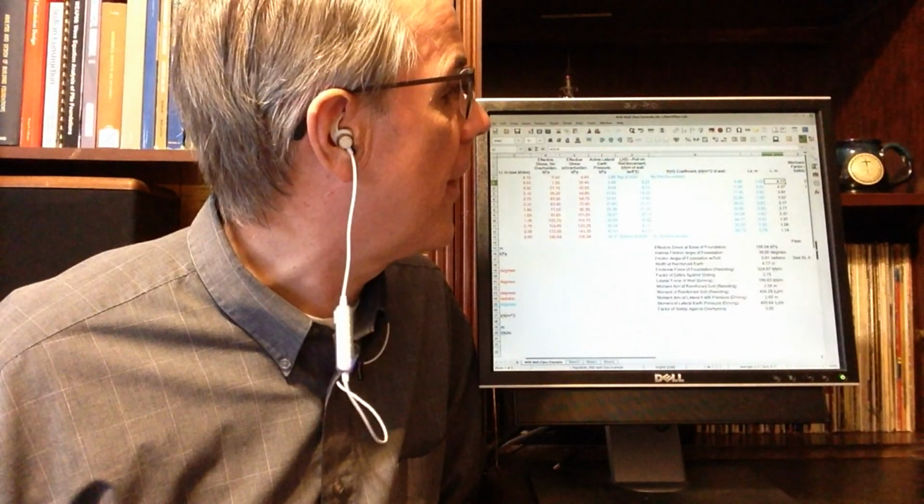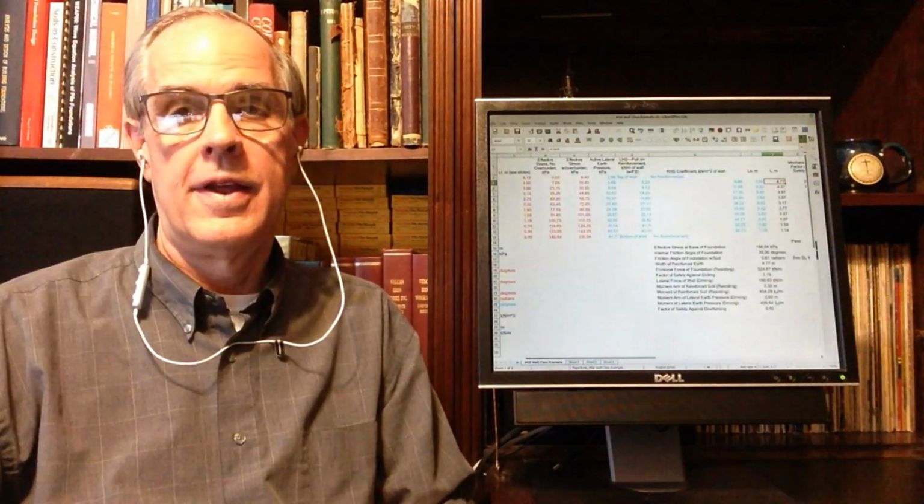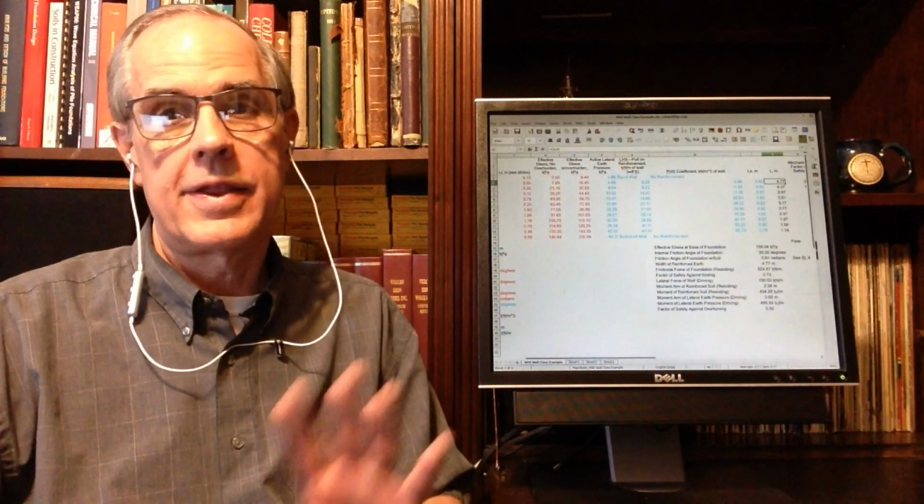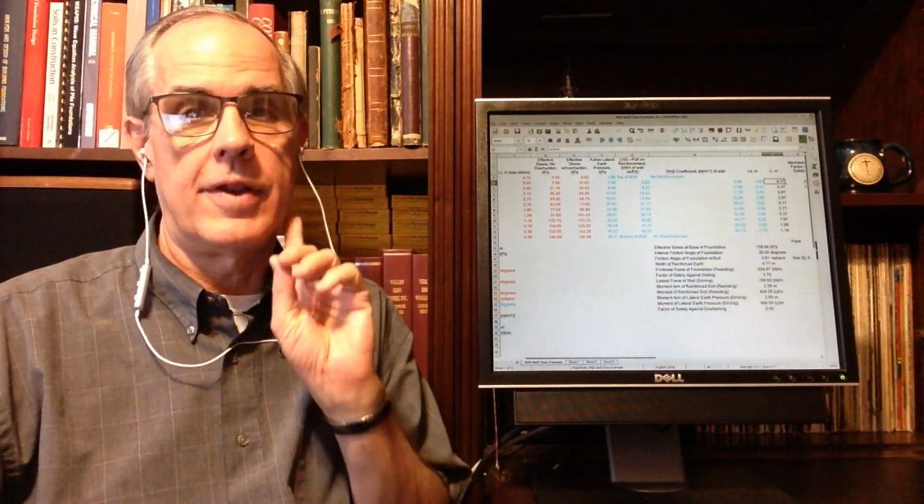Then I add that to LR, and I get the total length of the reinforcement at every level.